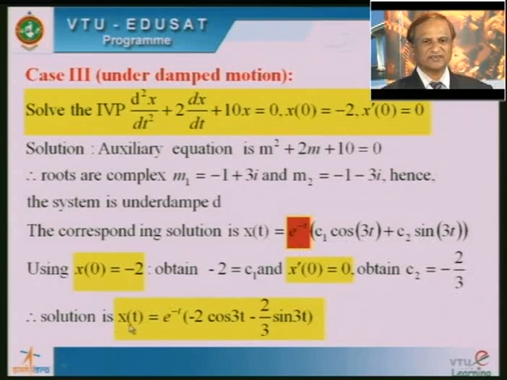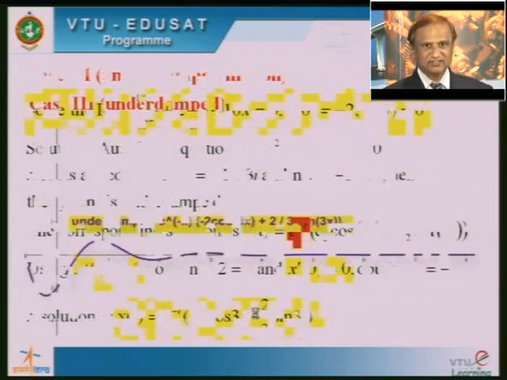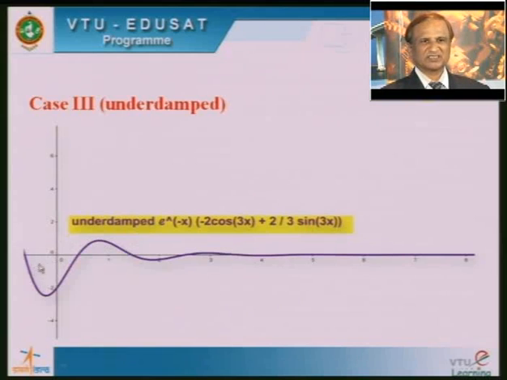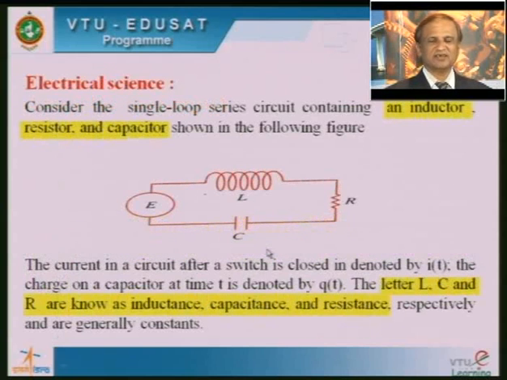Finally we get a particular solution: e to the power minus t into minus 2 cos 3t minus 2 by 3 sin 3t, and you can draw the graph of the solution curve. Is it clear? You may get a curve like this. Initially it is damping, and as time increases it will merge with the equilibrium position. That is the meaning of the curve.